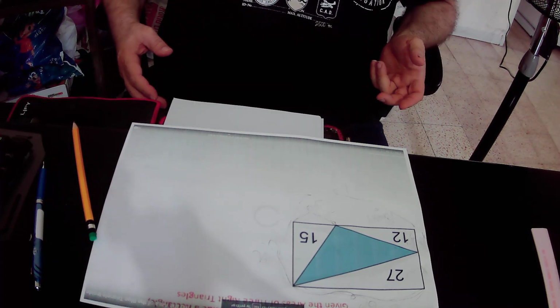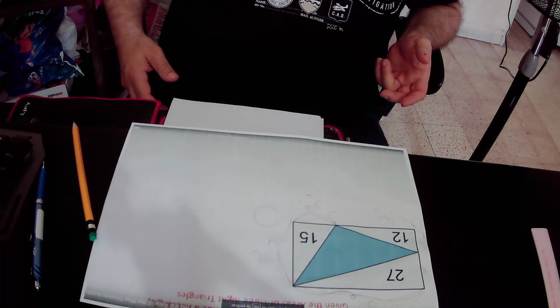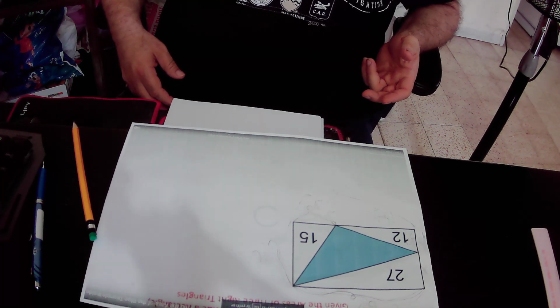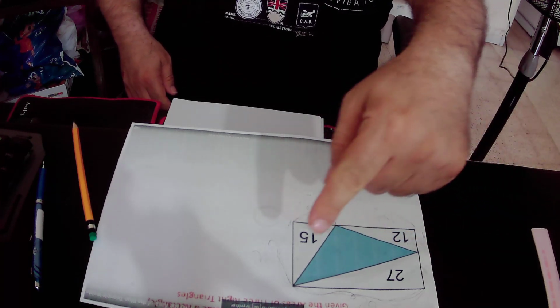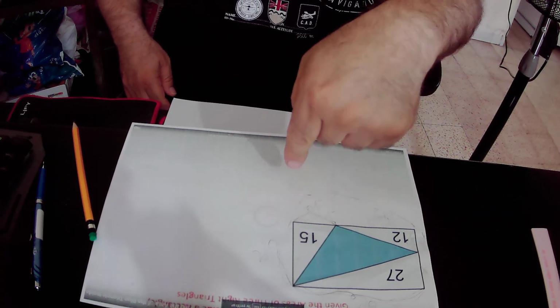As you already know, the area of a rectangle equals the length of the rectangle times the width of the rectangle.